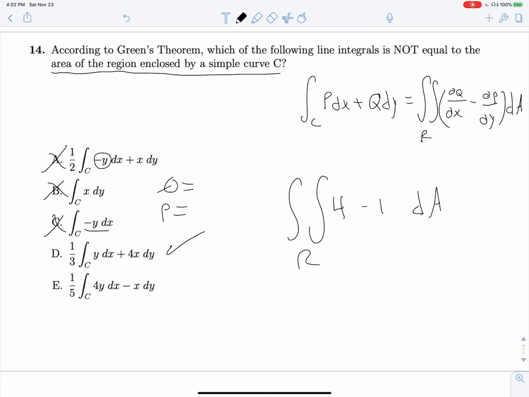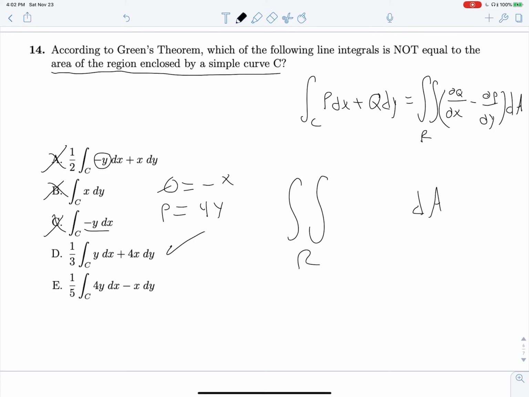So finally, let's hope this one doesn't work, because if not, we're going to have to go back and figure out what went wrong. We have Q equal to negative x, and P is equal to 4y.